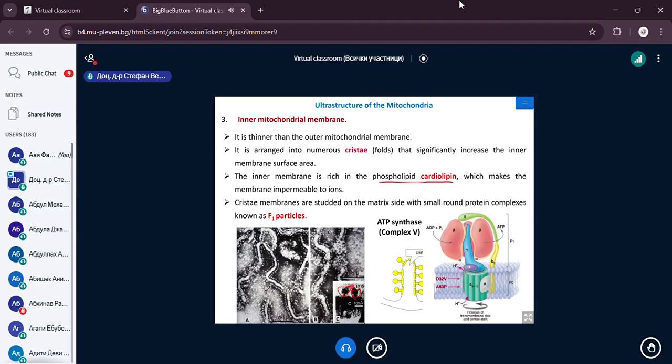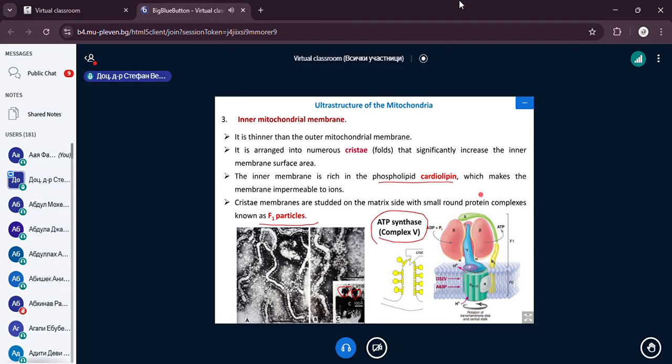In the past, because their structure was not known, they were just labeled F particles or F1 particles. But today we know that this is indeed one of the complexes of the oxidative phosphorylation chain, the last, 5th complex, which is the large enzyme called adenosine triphosphate synthase.